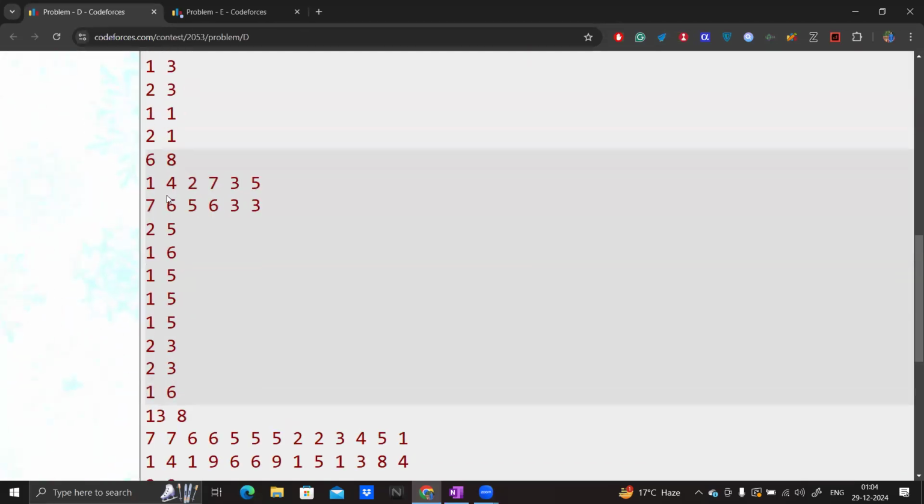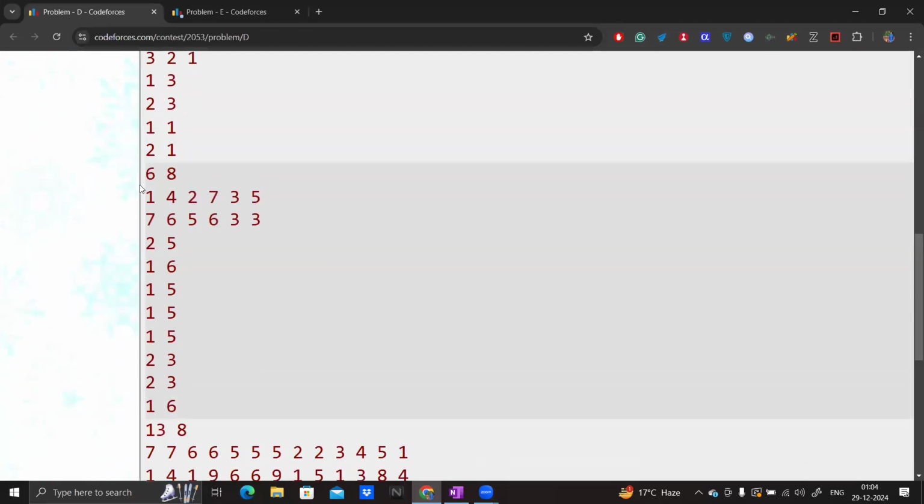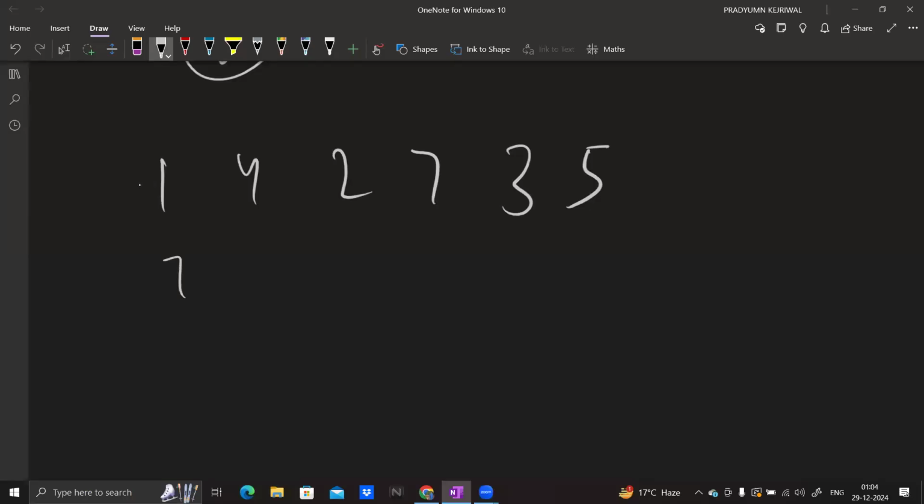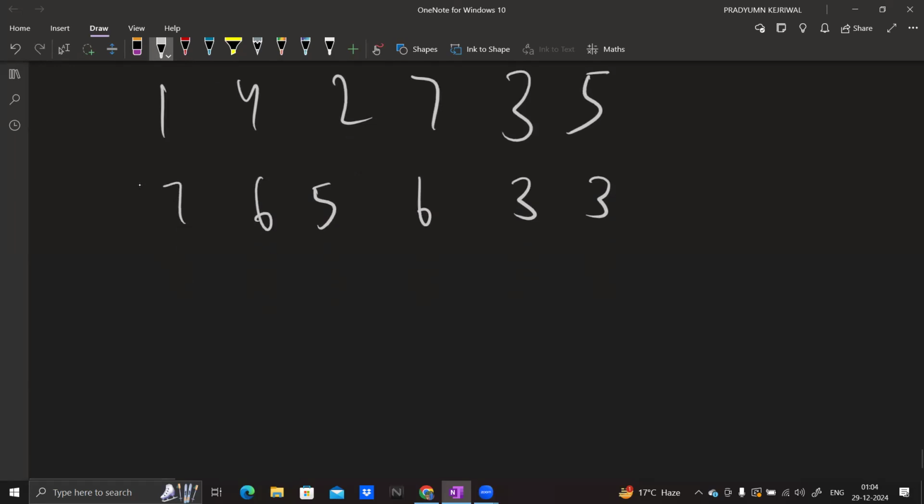So let's say we have these arrays 1, 4, 2, 7, 3, 5, and then we have 7, 6, 5, 6, 3, 3. What we'll do is we'll sort them, but keeping in mind what their initial position in the array was.